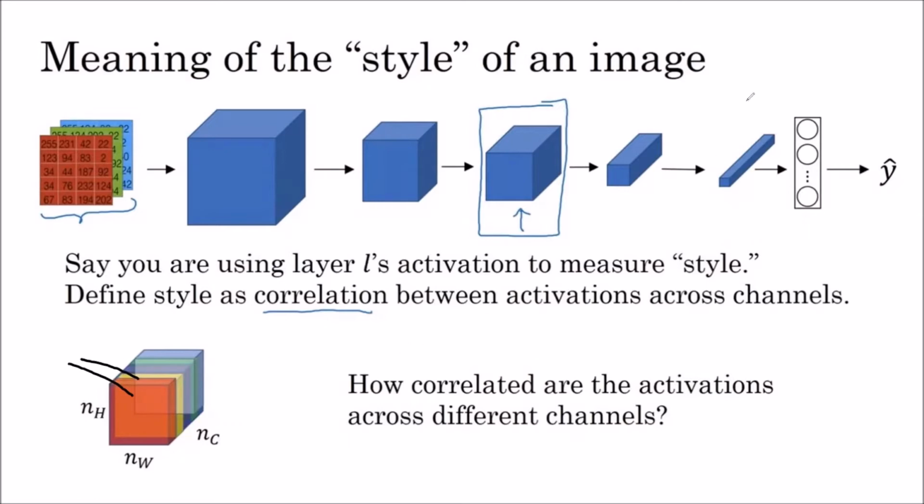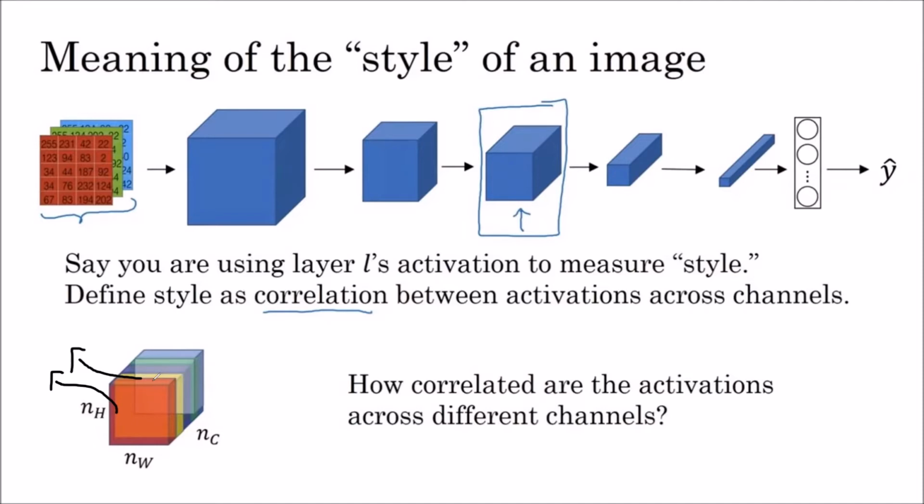Now the activations of the red channel, and the activations of this yellow channel, the activations of channel 1 and the activations of channel 2. The correlation between the activations of these 2 channels, we can say it is not actually similarity, it is correlation.